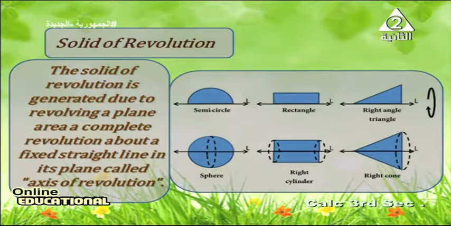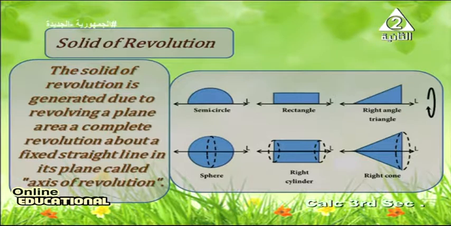We have a semicircle, rectangle, and right angle triangle. If the semicircle is revolving about L as an axis of revolution, then we get a sphere. In the case of the rectangle, we get a right cylinder. In the right angle triangle case, we get a right cone.